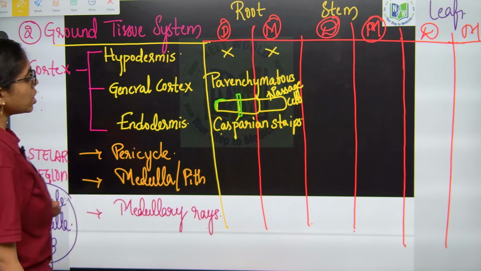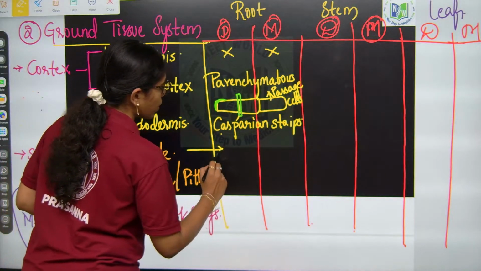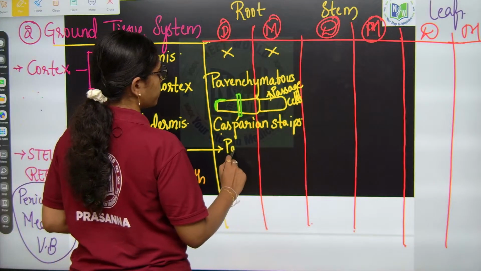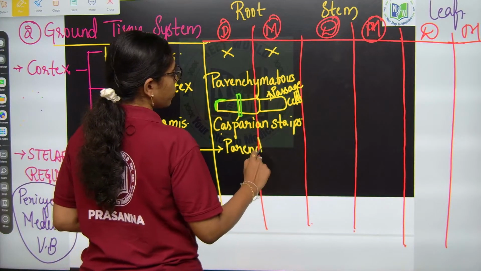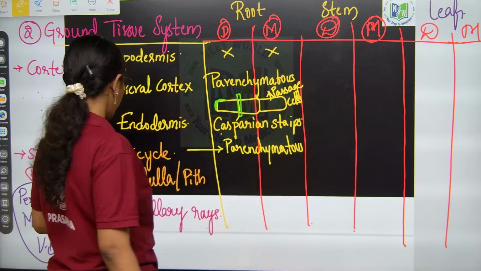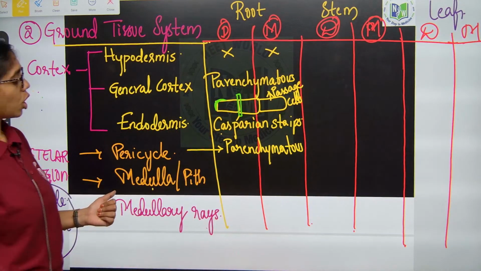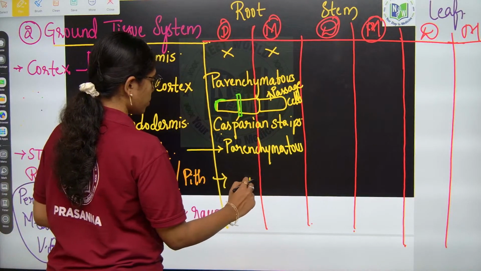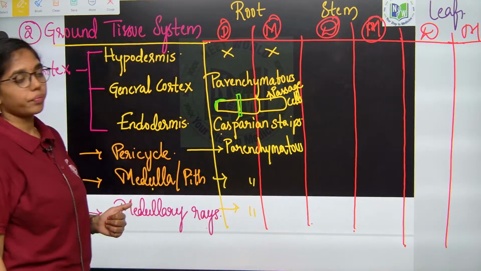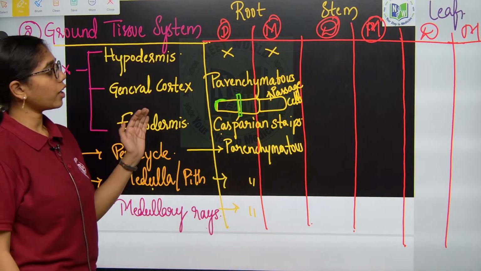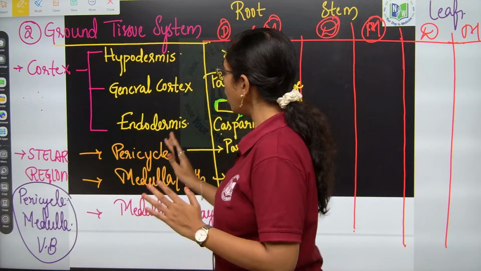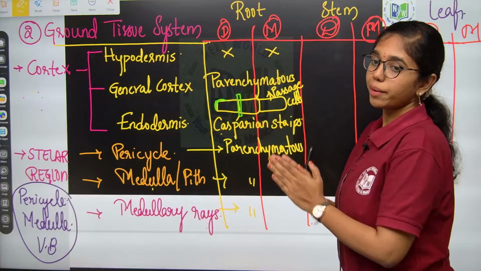Next is pericycle. Pericycle is again parenchymatous in the root. Medulla or pith is also parenchymatous. Medullary rays also the same, parenchymatous. So, both in the dicot root and monocot root, under the ground tissue system, there is no hypodermal region.